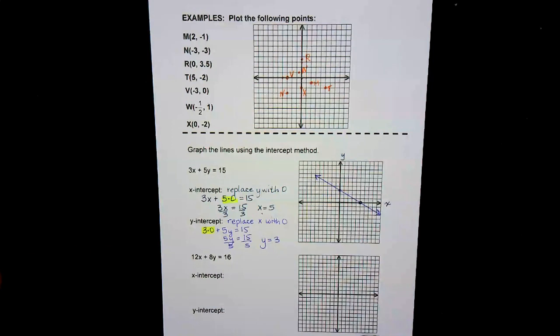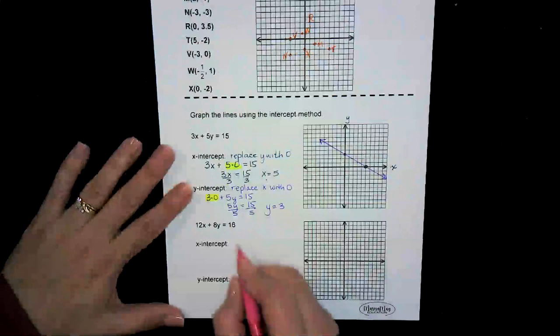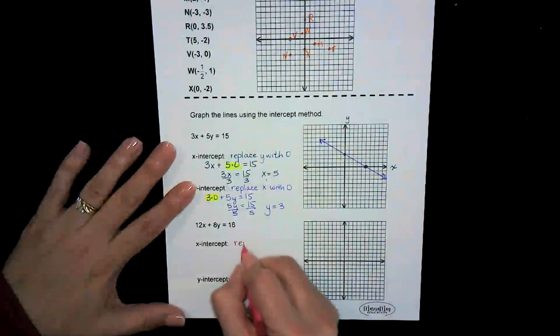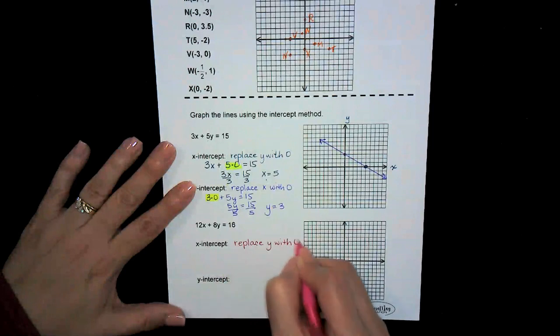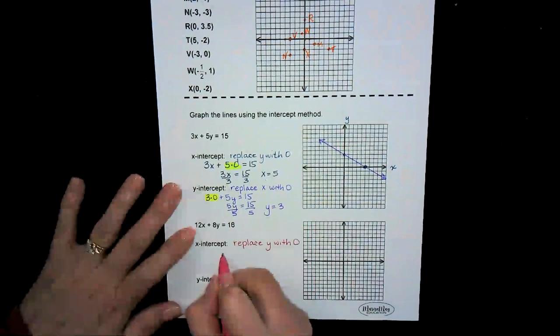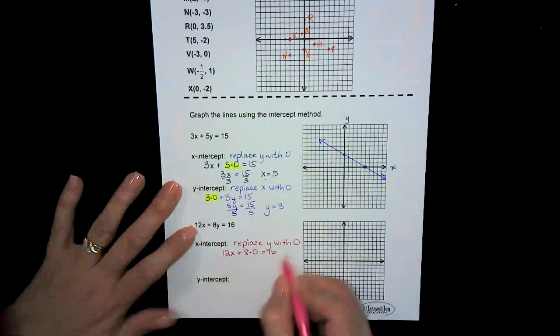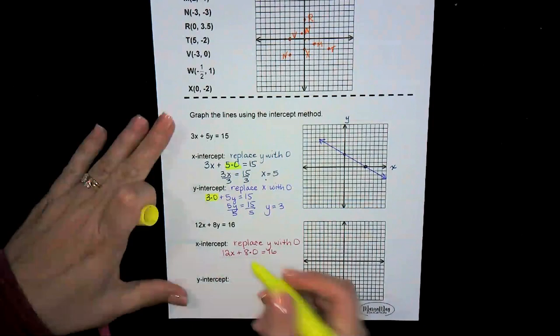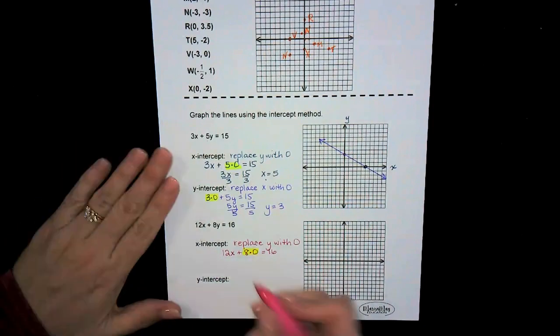Okay, let's do one more like that. So we're going to do the x-intercept by replacing y with 0. So in this equation, that looks like 12x plus 8 times 0 equals 16. So 8 times 0 is 0.